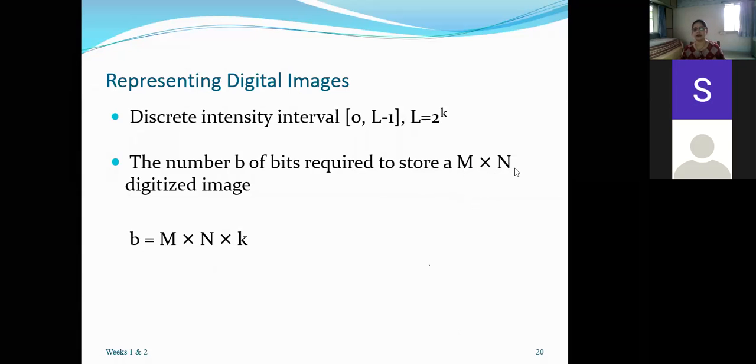Yes, Vasif, your answer is correct. If we compute the storage in terms of bytes instead of bits, you will get 10 into 10, that is 100 bytes. Nishank, Vasif, your answers are correct. So 1 byte represents 8 bits. So if we are using 8 bits per pixel, then for a 10 by 10 image, we need 100 bytes. Very good.